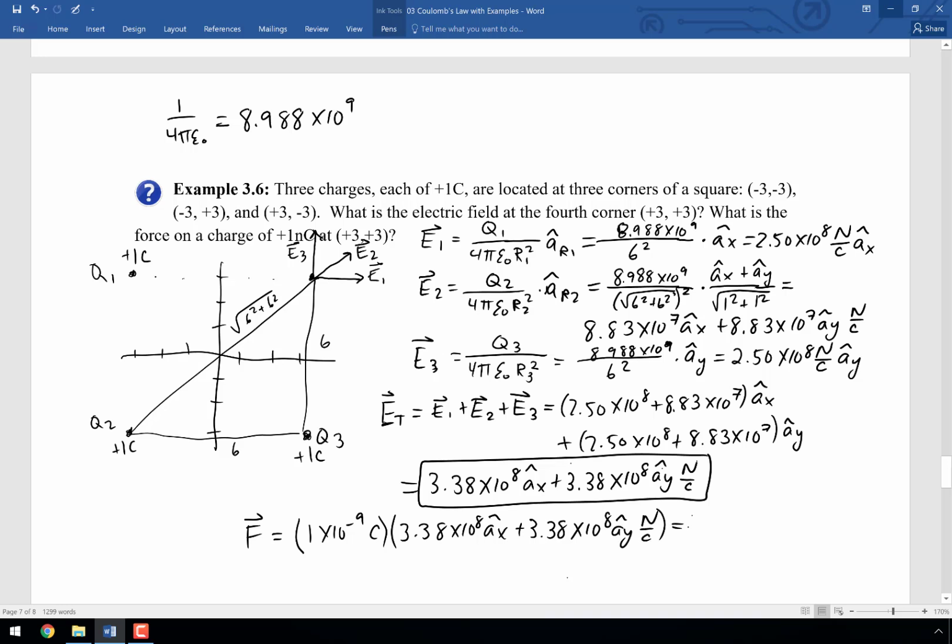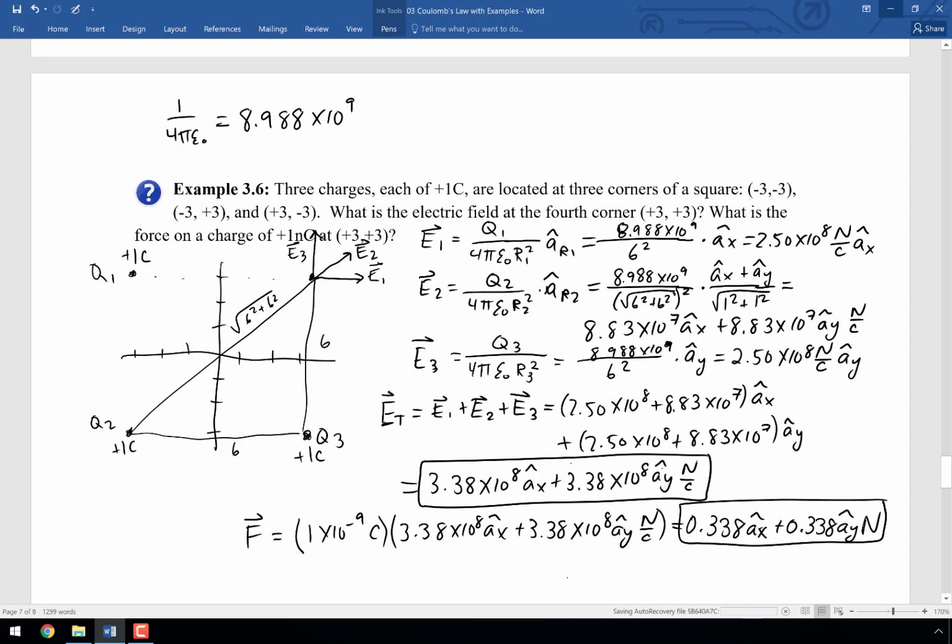And then this total electric field works out to be 3.38 times 10 to the 8th a sub x plus 3.38 times 10 to the 8th a sub y newtons per coulomb. That's the electric field.